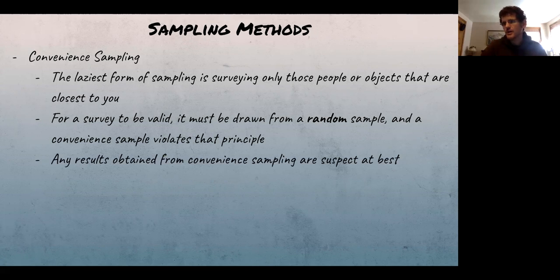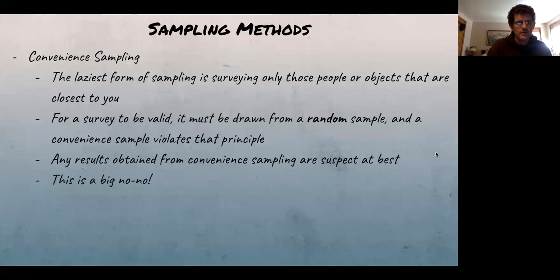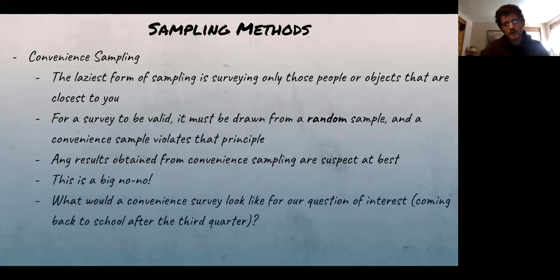You guys, I imagine, would already be suspicious of taking our opinions in this room and projecting them to the rest of the school. So we do not want to do a convenience sample. Well, I kind of already answered this, but if I was trying to figure out for the school, should we come back after the third quarter, what could my convenience survey look like?